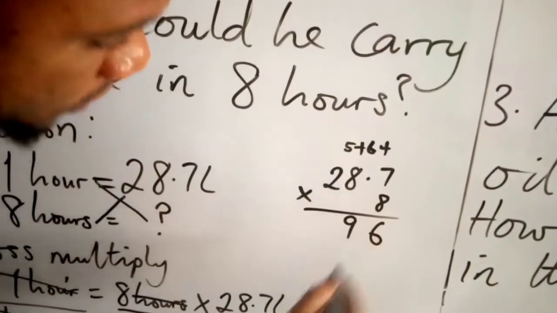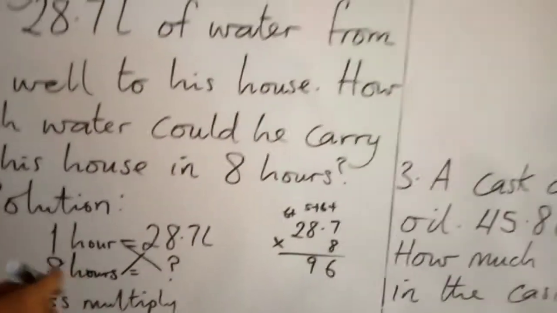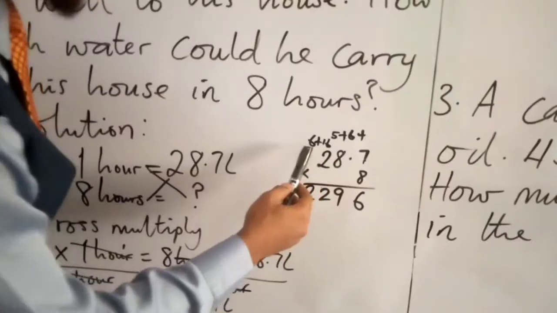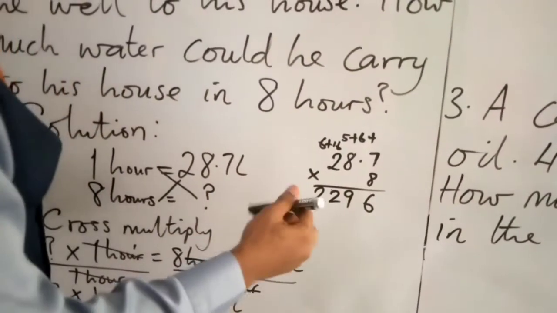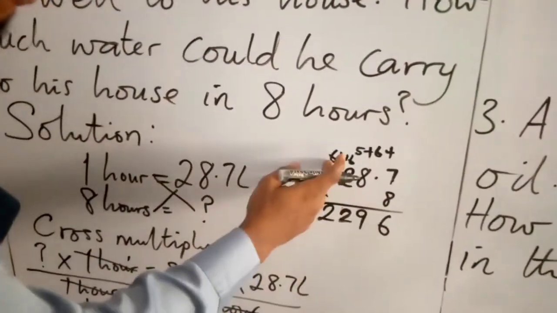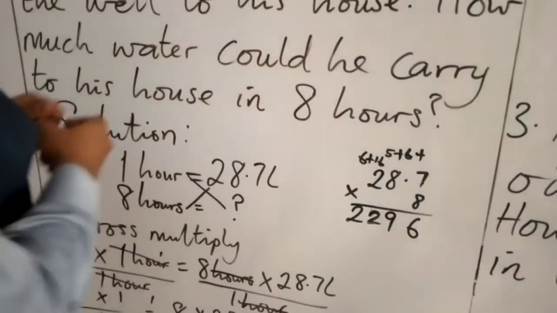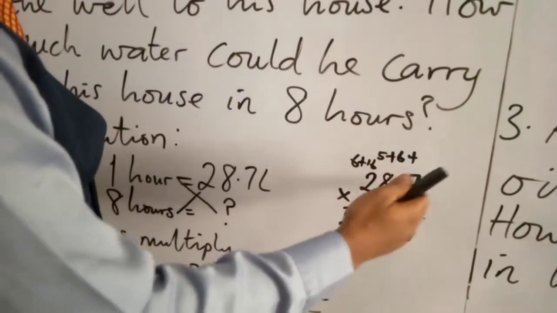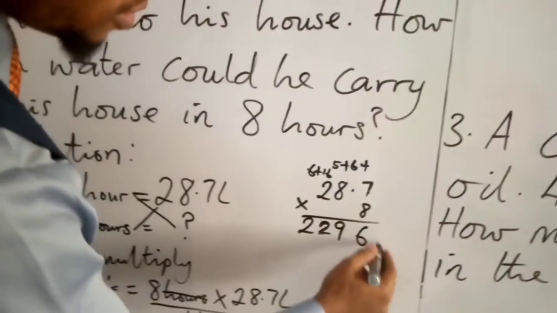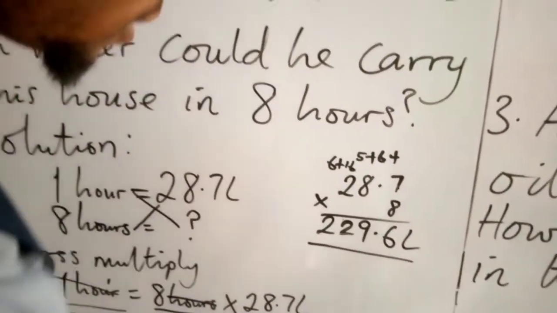You write down 9, take up 6. 8 times 2, 16, plus 6 is 22. Remember what we said? We have just one number before the decimal point, so we have just one decimal move. So this would be our answer in liters.